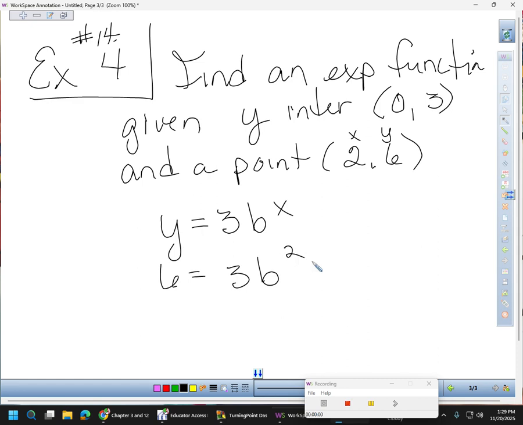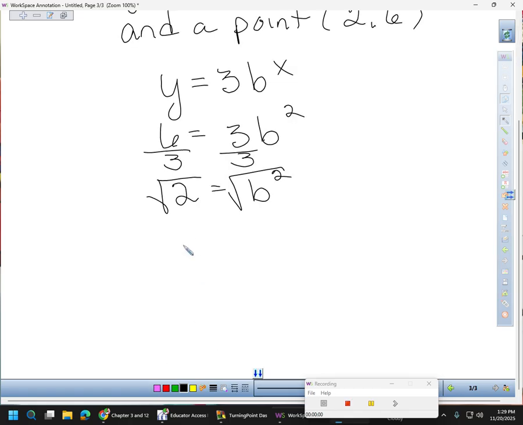To solve for b, what do I do next? Divide by 3 from both sides. So I get 2 equals b squared. Then what? Square root both sides. So I get b equals the square root of 2.